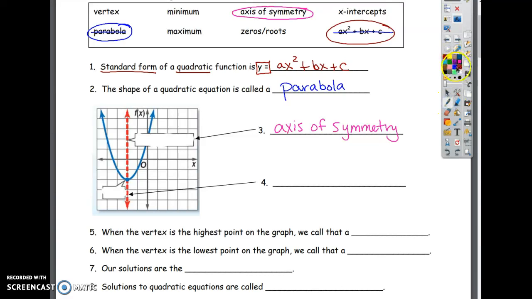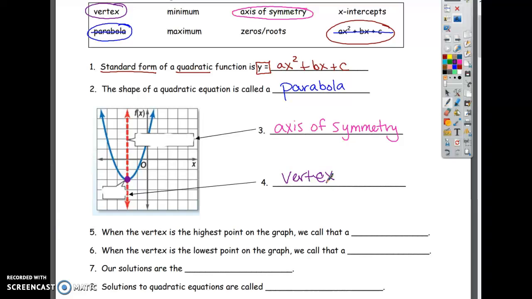Okay, and then this point down here at the bottom. This point right here. That's in the middle of the parabola, it's called the vertex. The vertex.